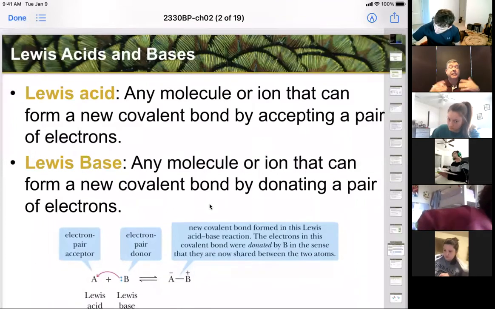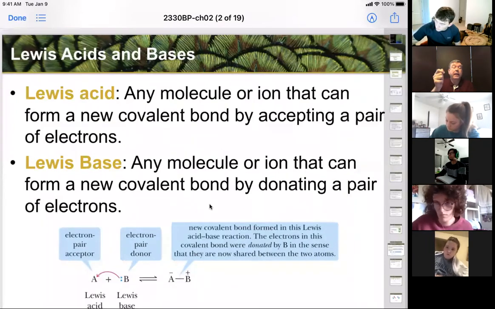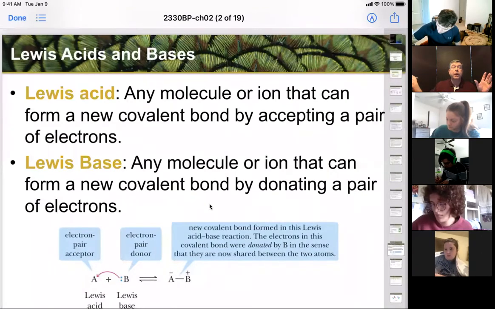A Lewis base is the opposite. A Lewis base is willing to have a lone pair reach out and create a new bond. So a Lewis base, think of having a lone pair on it already, reaching out to create a new covalent bond. A Lewis acid is a molecule coming in and forming a new covalent bond by accepting electrons. Acid accepts electrons. Base donates electrons.